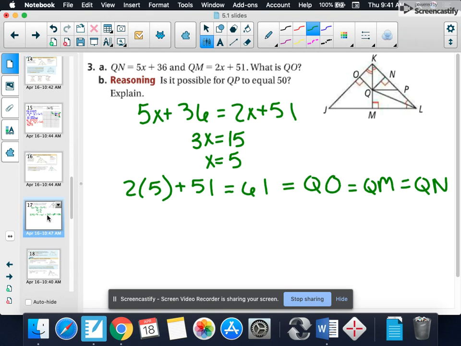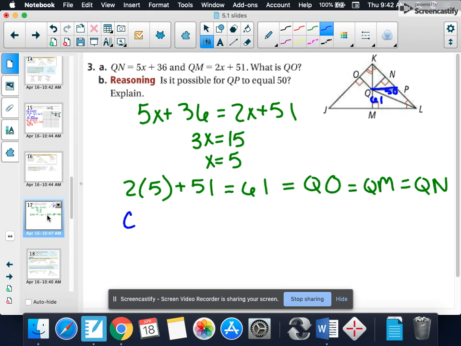Now part B asks, is it possible for QP to equal 50? If we look at QP, that's that side right there. This is not going to be possible, because we just said that QM is going to be 61. When we're talking about the incenter, that has to be the shortest distance to the sides of the triangle.